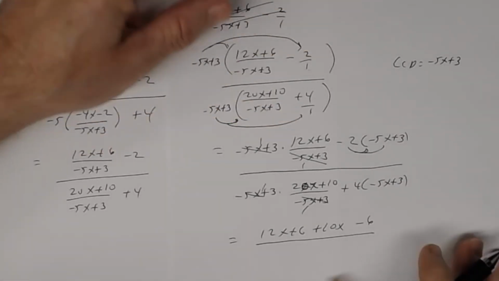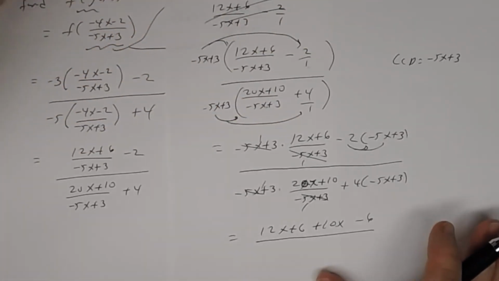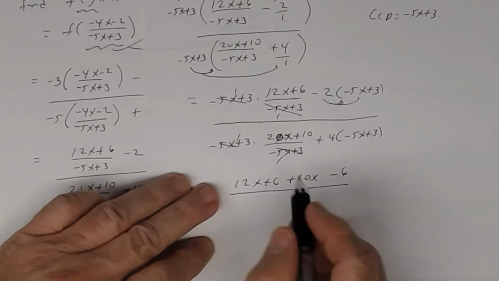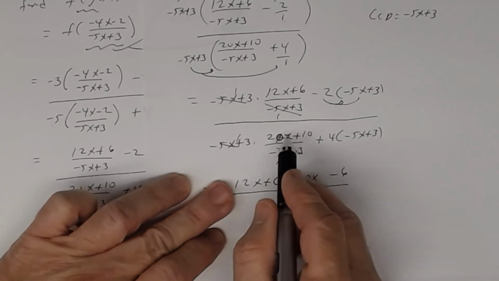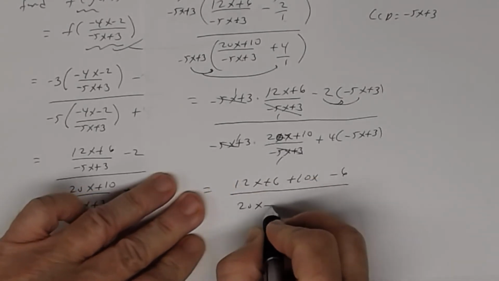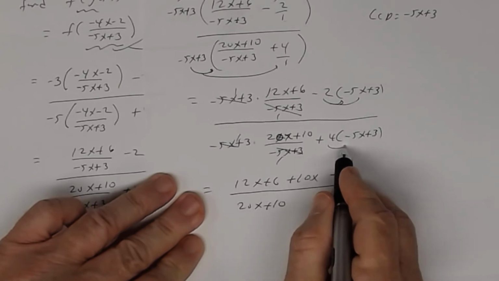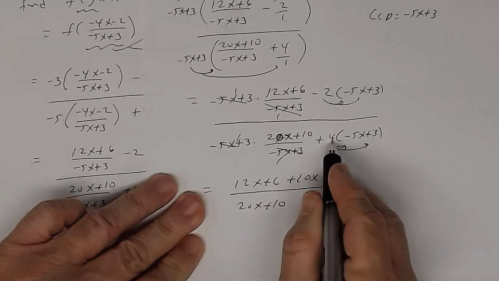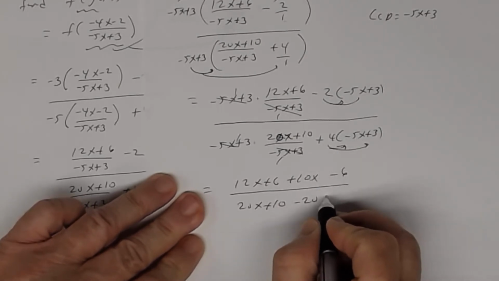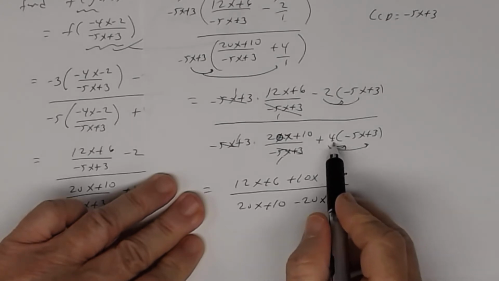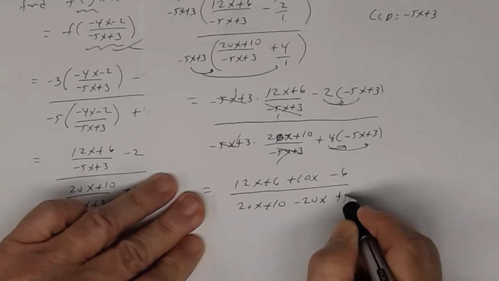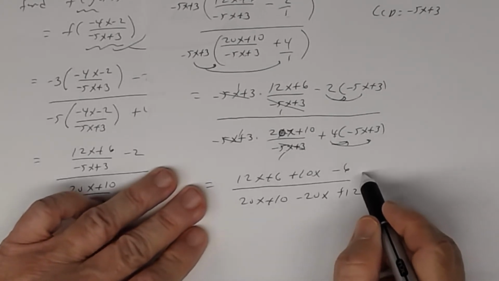All divided by, and then over here, 1 times 20x plus 10 is 20x plus 10. And then distribute the 4. I get 4 times negative 5x is a negative 20x. And then 4 times 3 is 12. Combining like terms, I want you to notice something.